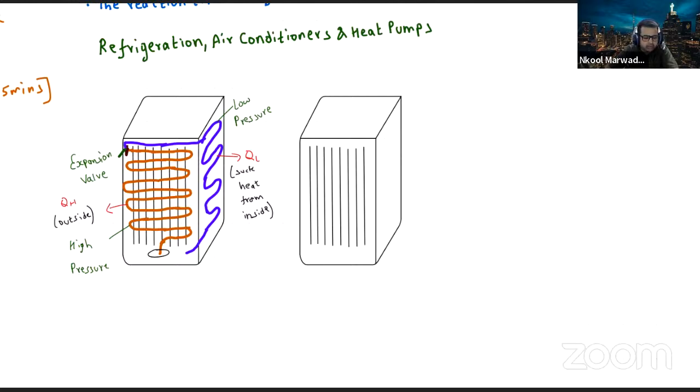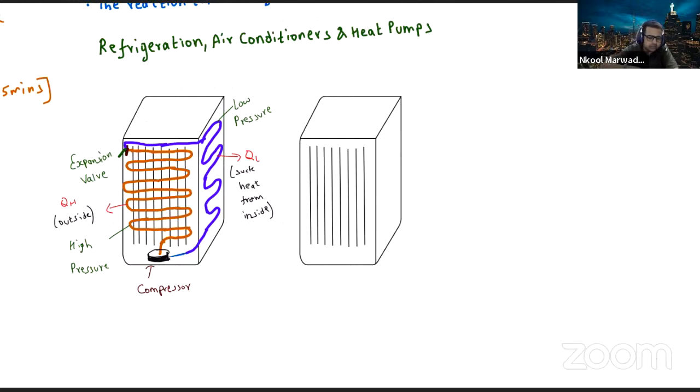I'm just making a rough diagram of it. The purpose of the compressor is to maintain the pressure difference. And this pressure difference helps us to suck and to release. Both the pipes are connected with this compressor, so that a relevant pressure difference can be maintained.